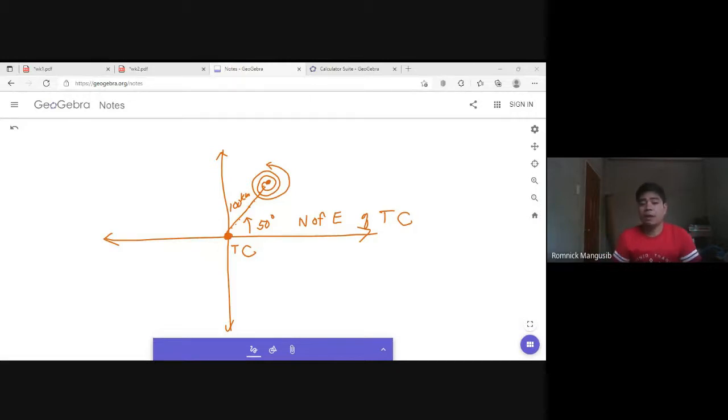They would say 100 kilometers, 50 degrees north of east of Tuguegarao City. Or minsan tatagalin na nila yung north of east. They can say northeast Tuguegarao City. So it talks a lot of information. Kaya when you are reading DOST information, you would always recognize this.